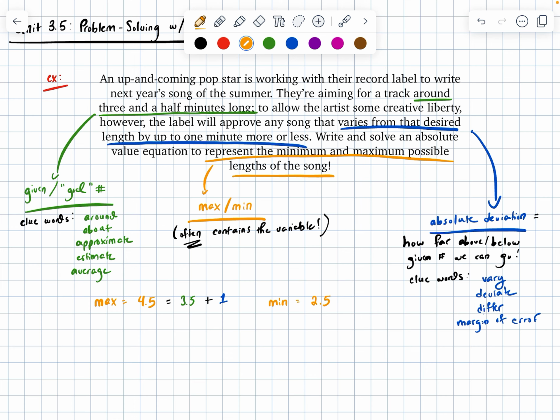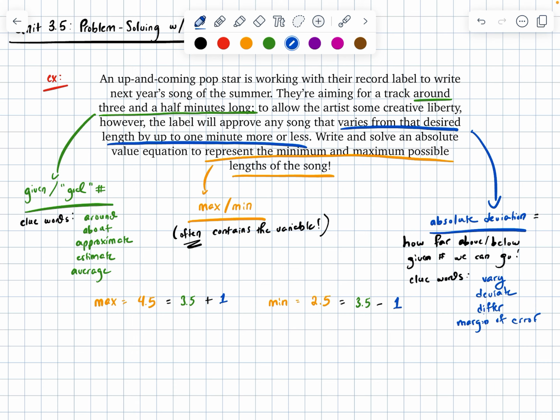Equivalently, for the minimum, I would end up at a minimum length of 2.5 minutes, which here would be found by taking the 3.5, that's my goal length, and instead subtracting the absolute deviation of 1.